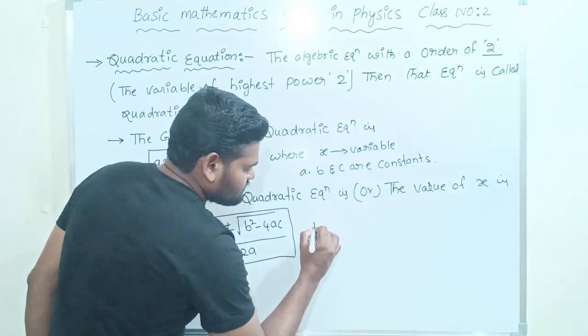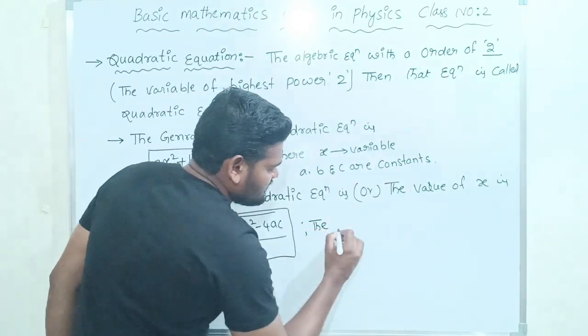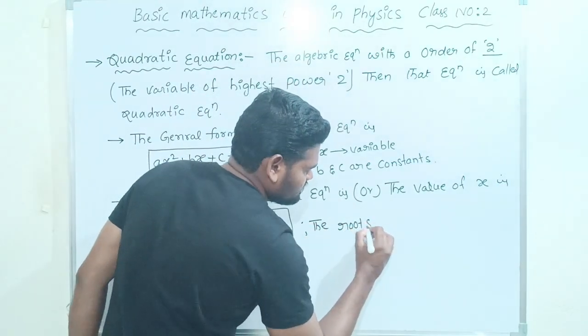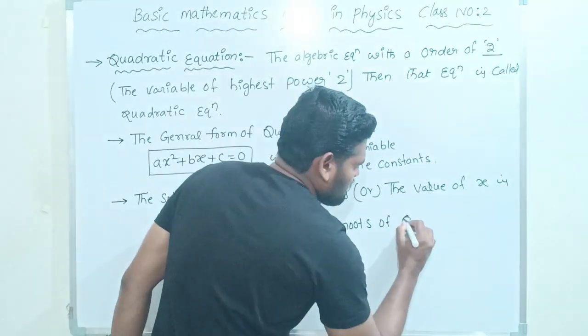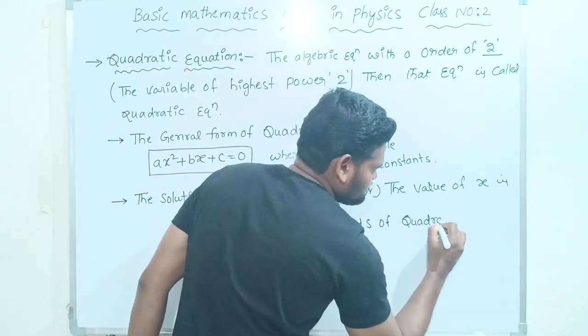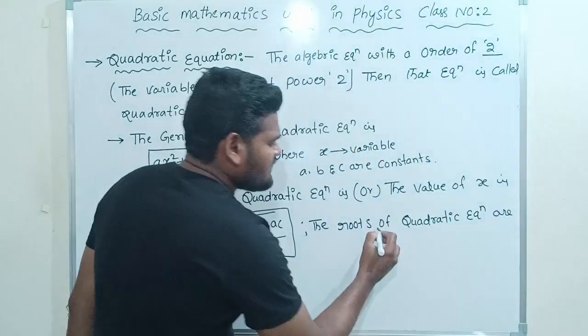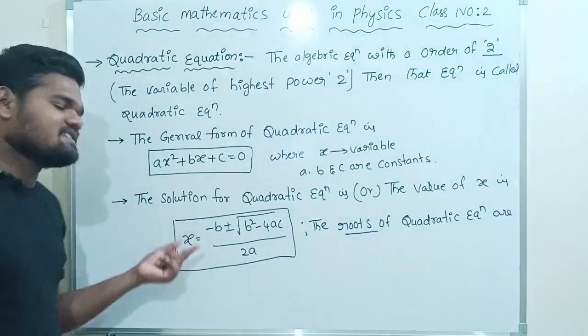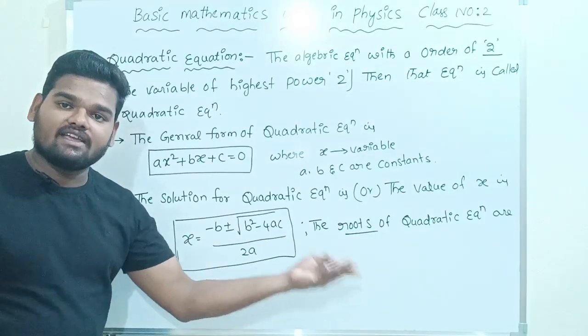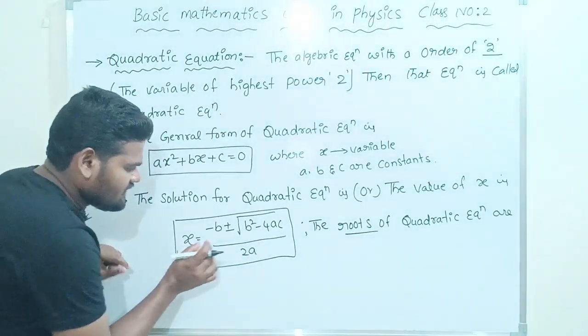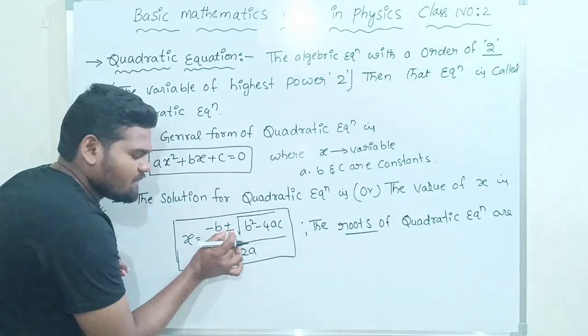Okay. So the roots of the quadratic equation are, so roots are nothing but what? Values of x are also called roots of the quadratic equation. So if you observe carefully, here we have a plus or minus term.